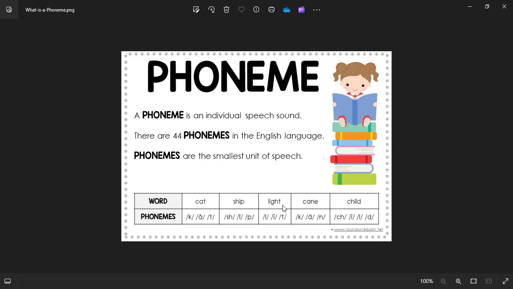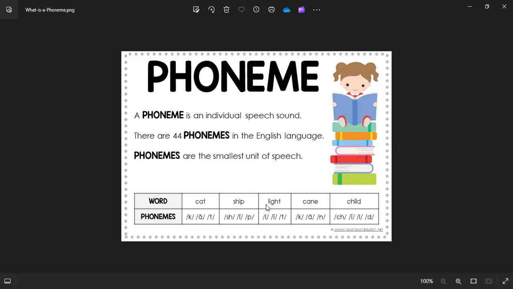Next is light. For light, I must say that letter L is an individual sound. I, G, H all together make one sound, and T will make an individual sound.